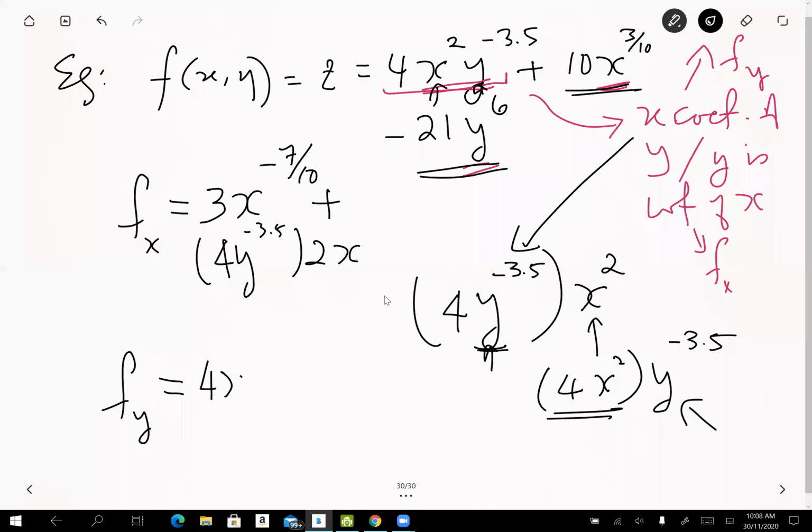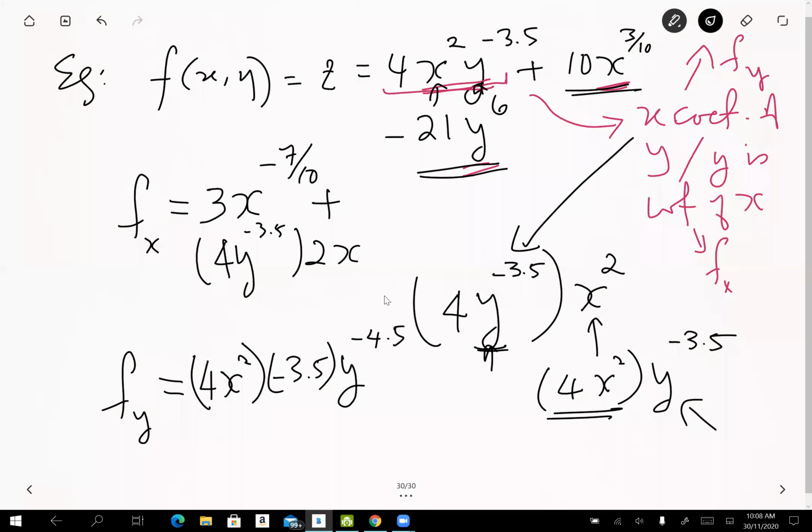You have 4x squared multiplied by negative 3.5. Since it's a negative, use the bracket, because sometimes that can become subtraction. Now we multiply. So negative 3.5 y, reduce the power by 1, that becomes negative 4.5.